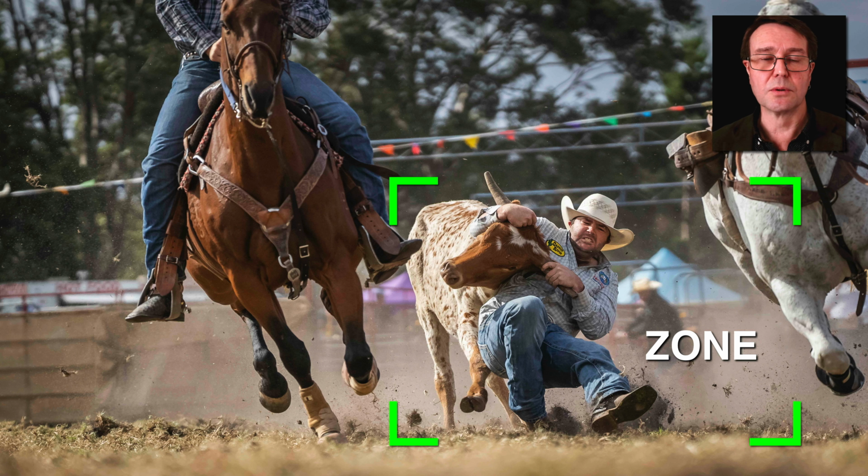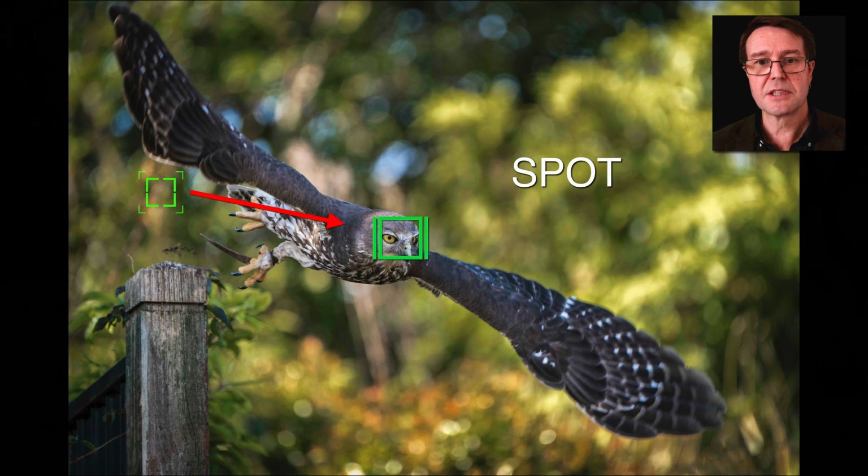And this is a good example where the horse on the left side of this image is getting quite close to the center, and it's closer to the camera than the cowboy with the cow there. And so the camera is at risk using a wide AF area of snapping focus on the closest subject matter. And so just by moving down to zone and excluding the obstacle, again the camera is going to be very reliable in choosing and tracking that subject.